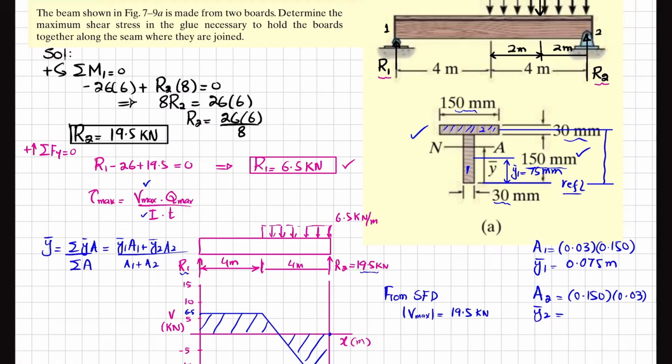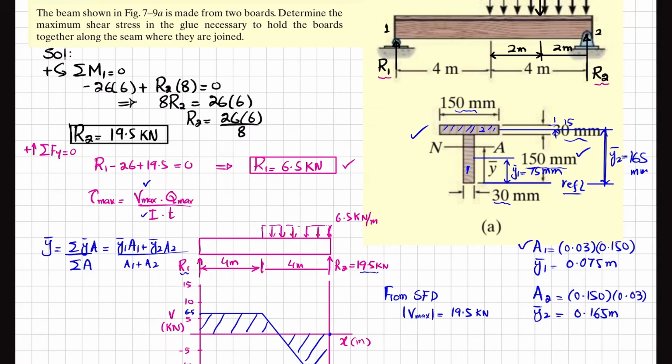This is Y2 dash. And this Y2 dash is 30 divided by 2. This distance is 15. So I can say total height is 180. So 180 minus 15 is 165. So this Y2 is 165 millimeter. And in meter it is 0.165 meter.